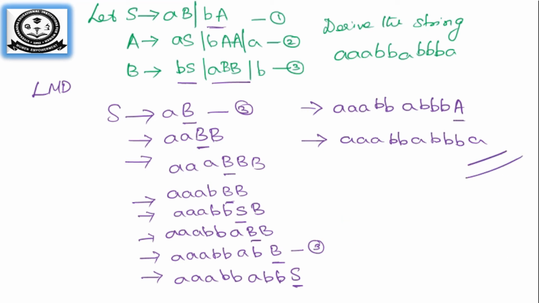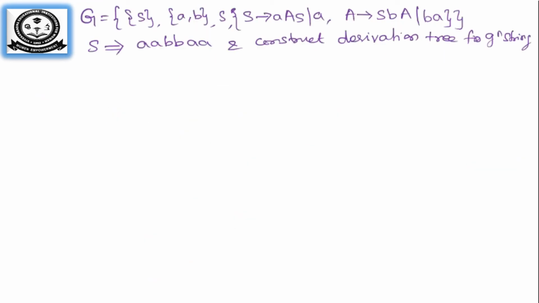We'll see another example. So here the string is given, so we'll write the rule first. So S tends to AAS or A, and A tends to SBA or BA. So this is the rule.